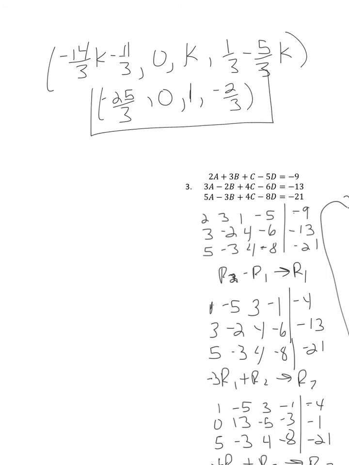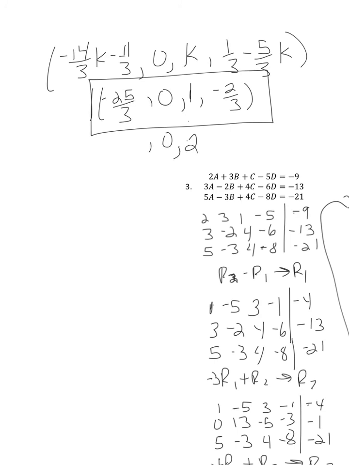Okay, what I'm saying is, if I put negative 25 thirds for A, 0 for B, 1 for C, and negative 2 thirds for D, it would all add up to negative 9. If I put in this combination, it would add up to negative 13. If I put in this combination, it would add up to negative 21. But I don't really like that. We can let K be anything. I'm going to let K be 2. Okay, well, 0 is still 0.